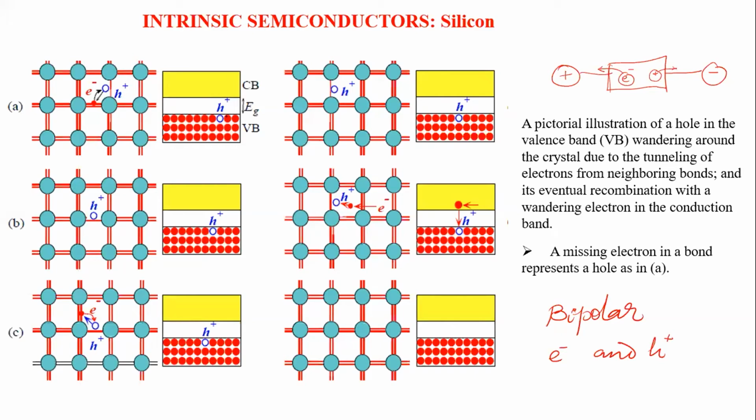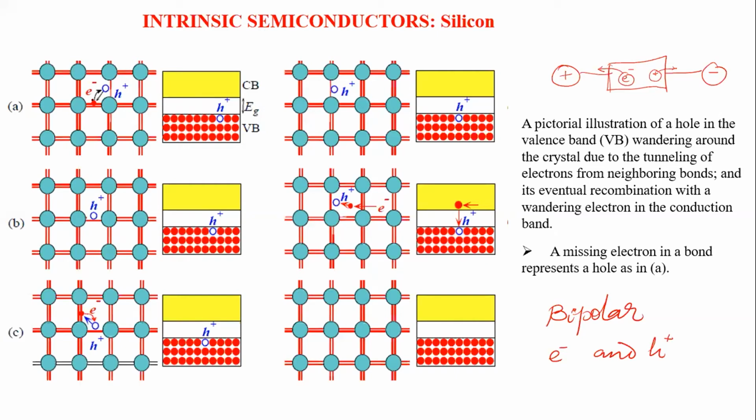You can see this pictorially here. Whenever an electron is ejected from the bonding, a bond is broken. What happens is, from the neighboring bond in the same atom, or from another atom within the distance where an overlap of energy levels is possible, this electron will migrate and form a bond here.